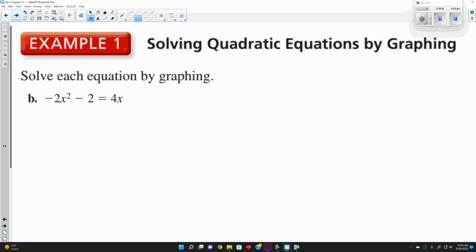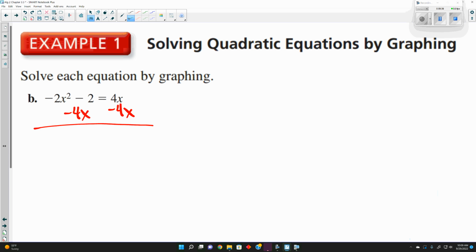-2x squared minus 2 is equal to 4x. So what do we need to do first? What did we need these equal to? Is this equal to 0? Because -2x squared minus 2 is equal to what? So to get it equal to 0, we need to subtract 4x from both sides.